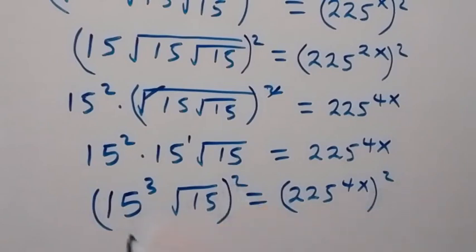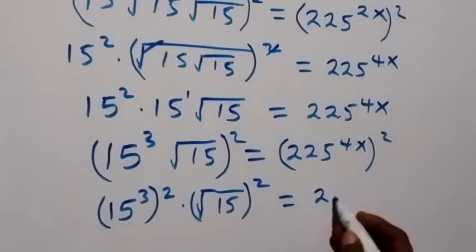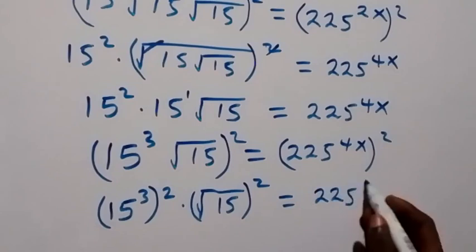Then this square will affect 15 raised to power 3, that's 15 raised to power 3 squared. Then to affect root 15, that's root 15 squared. And from there, we multiply the power as well, and that gives us 225 raised to power 8x.